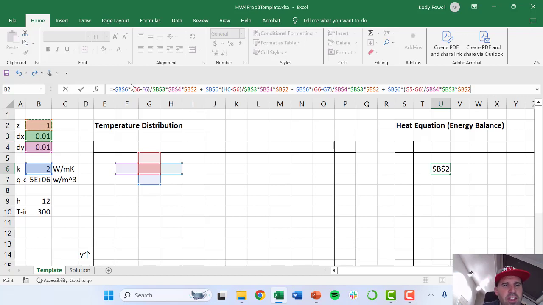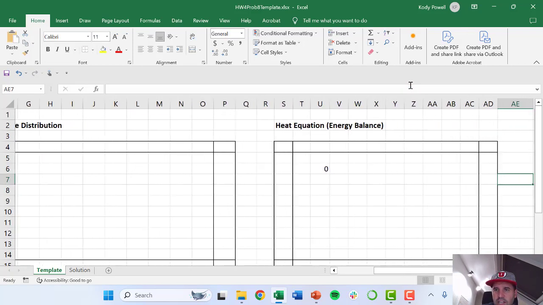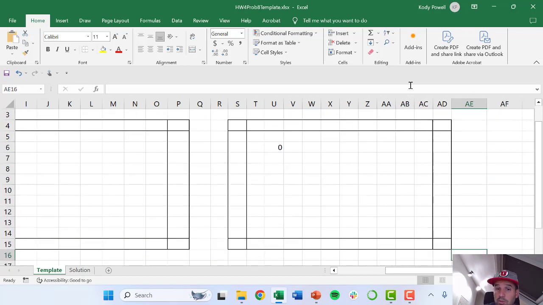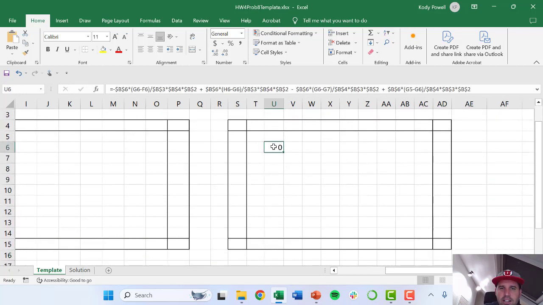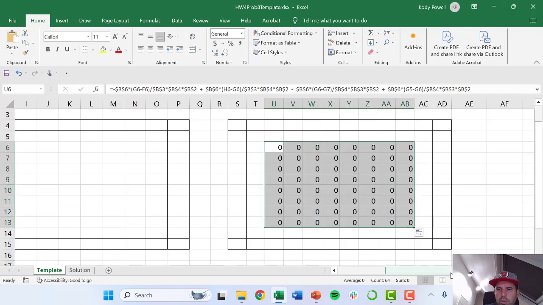So here we have the x in term, the x out term, the y in term, and the y out term. And because I did this with those absolute references in the right places, hopefully I can take this cell and I can copy this over to all of these internal nodes. That same energy balance would apply.